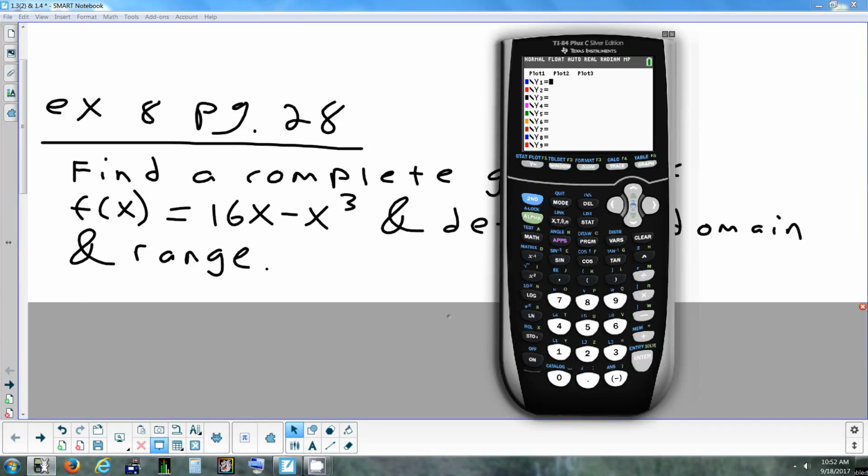All right. So again, press y equals. I'll type in 16x minus x cubed. And what window do I normally start out with? Yeah, the standard one, just to give me a starting point, and I'll go from there.